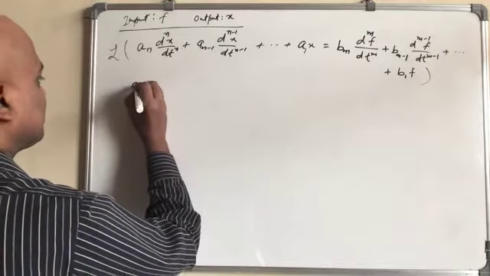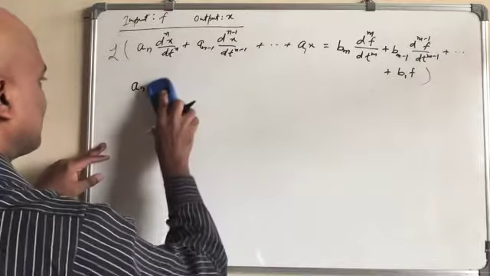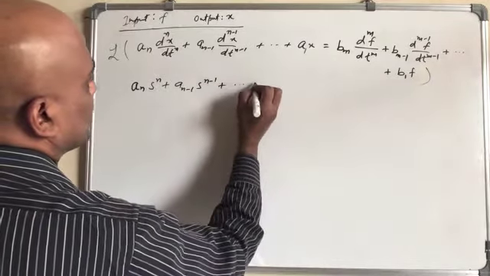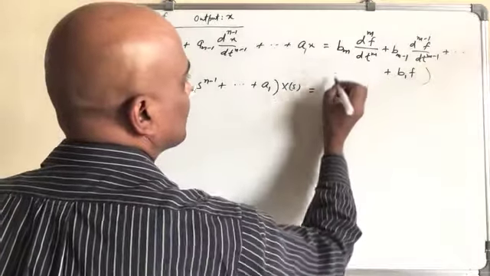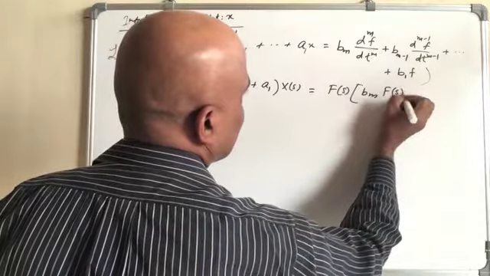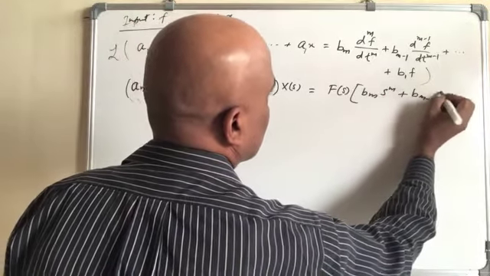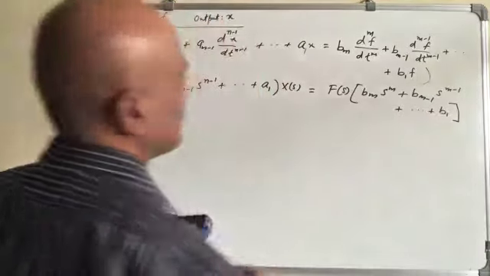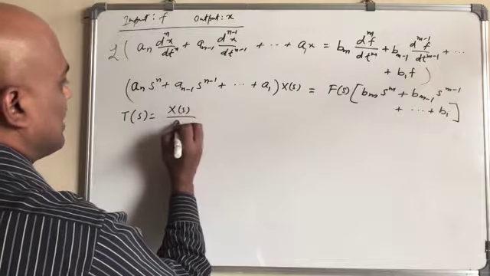We get a_n s^n plus a_{n-1} s^{n-1}, and so on, and then a_1, and then we have X(s) is equal to, similarly here, F(s) common, and then you have b_m s^m plus b_{m-1} s^{m-1}, and so on to b_1, simply b_1.